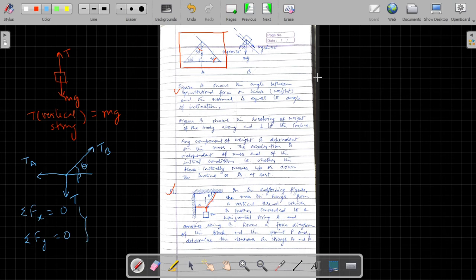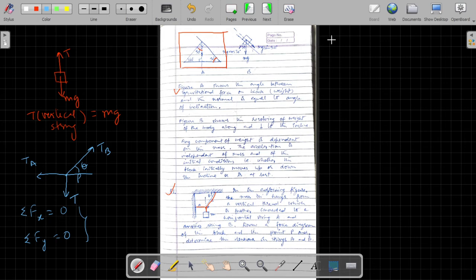Even if a point has an acceleration but it is massless, the sum of forces on it would be 0, because the sum of force is equal to mass times acceleration. As the mass becomes 0, the RHS of the expression F equal to ma becomes 0.